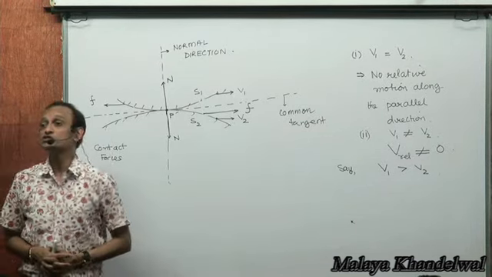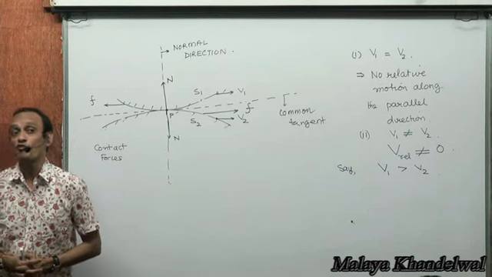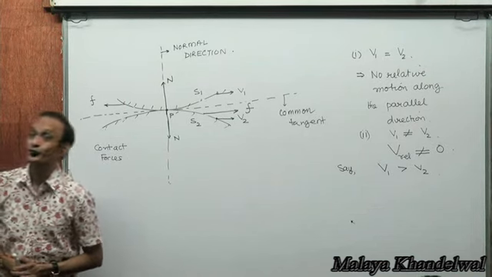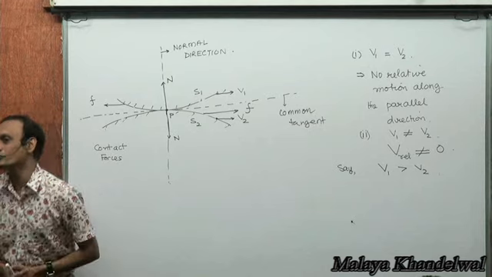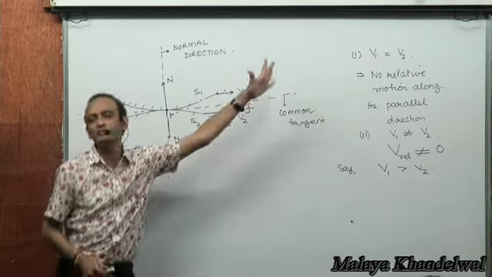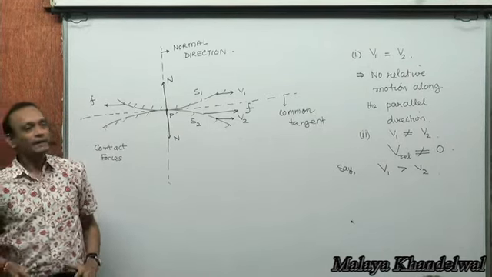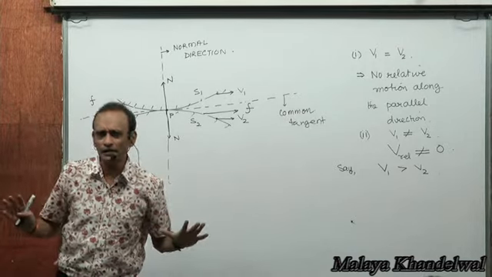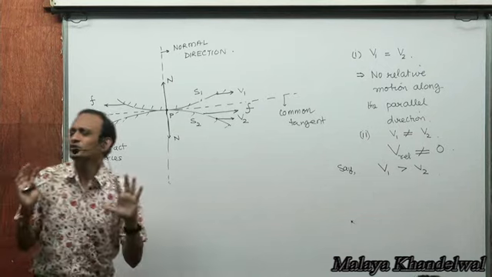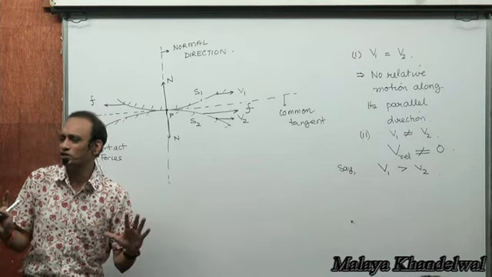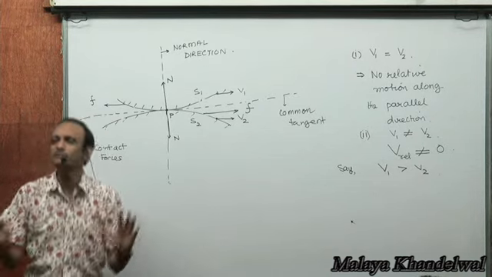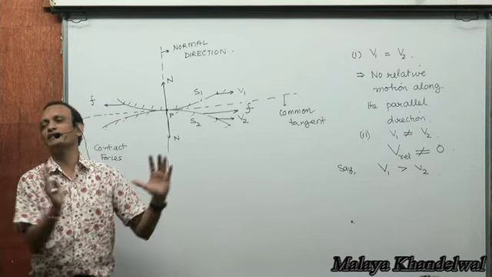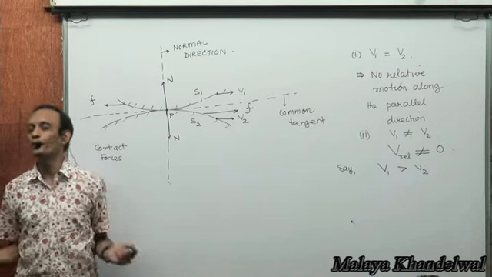Now this is the character of forces in the parallel direction. What is it they are opposed to? They are not opposed to motion. If V1 was equal to V2, S1 and S2 are friends, buddies like ever, and they say, okay, we don't need to unnecessarily exert forces on each other in the parallel direction. Let's move together as prescribed. But the moment one of them has a velocity higher than the other one, both pitch in.